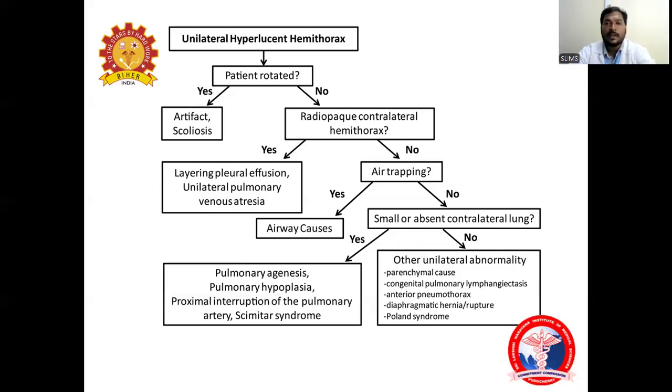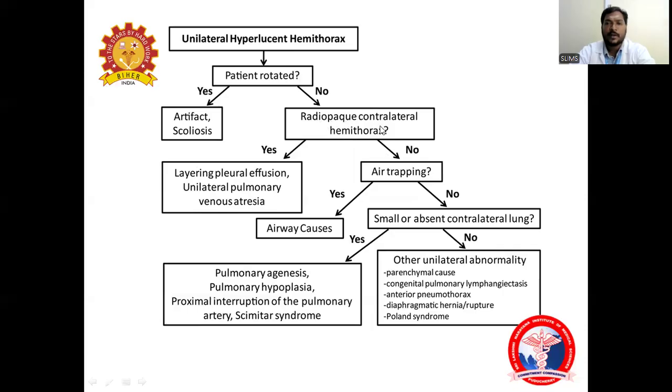So the contralateral hemithorax pathology includes layering pleural effusion or unilateral pulmonary venous atresia. This effusion on the left side may cause the hypolucent hemithorax on the right side. So you should always look for the pathological side and not the hypolucent side, and check which side is pathological and evaluate further.